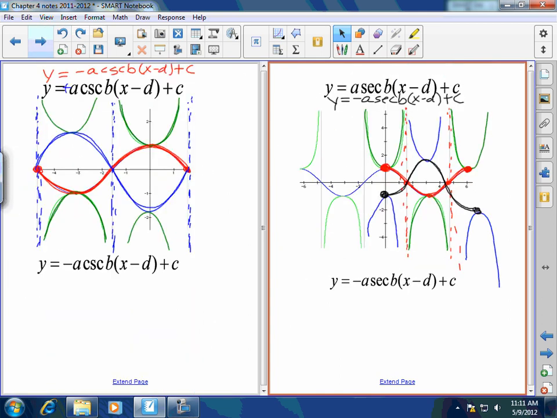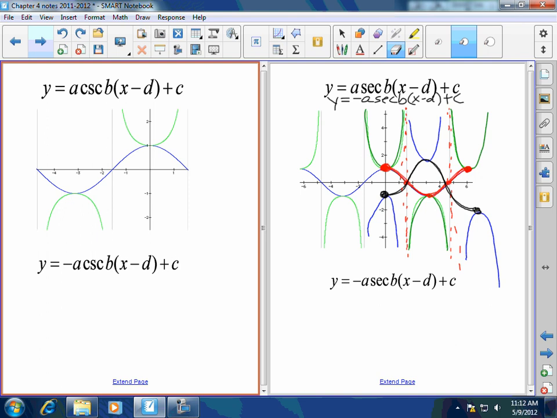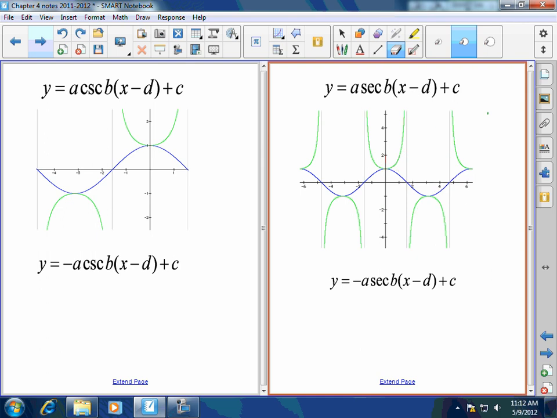Okay, now I've got the cosecant and the secant. Let me erase all of this, first of all, to make your life a little bit easier. Okay, my friends, if you notice here, you may say, uh-oh, Mr. Morrow got lazy. There are no formulas here. He probably just didn't do it.